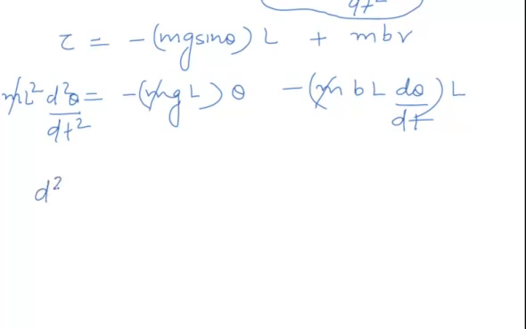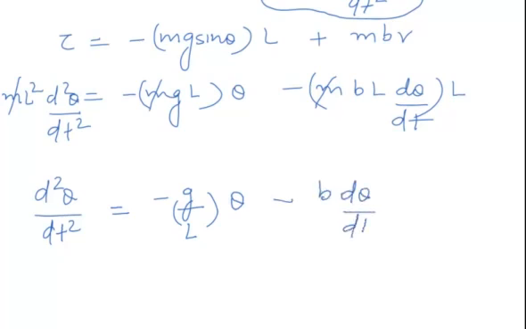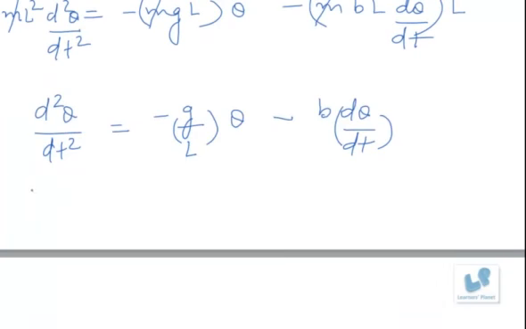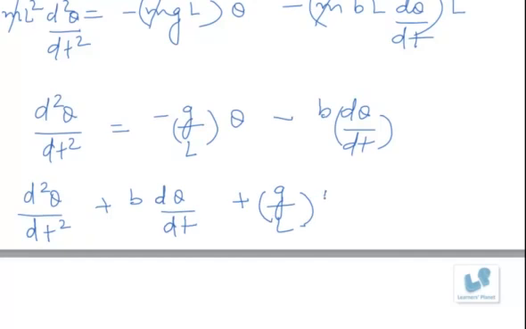Now we will get d square theta by dt square equal to minus g by L theta minus b d theta by dt, which can be further written as d square theta by dt square plus b times d theta by dt plus g by L theta equal to 0.